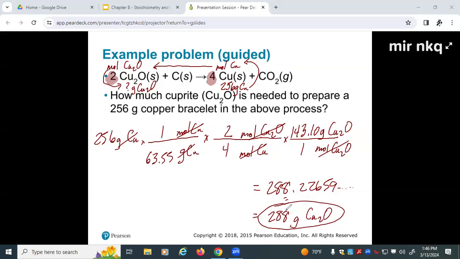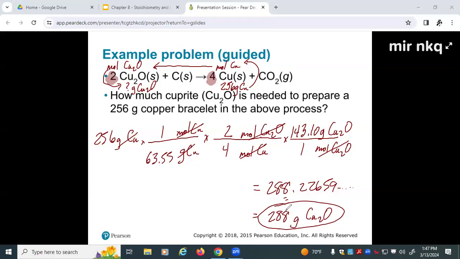So there's going to be 2 net ionic equations. There's going to be a couple of conversions like this, where you have to go from grams of one thing to grams of another thing. So it's really important that if you're struggling with something, to try to get help, try to ask as quickly as possible.